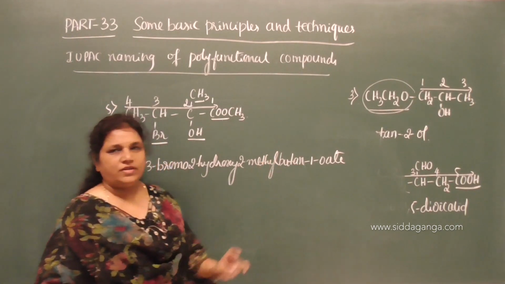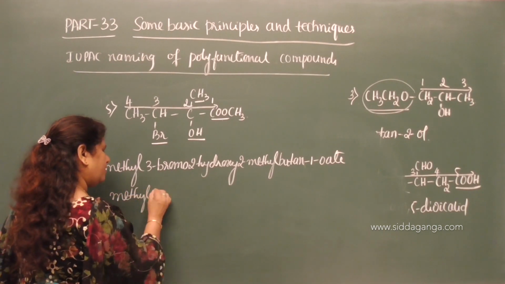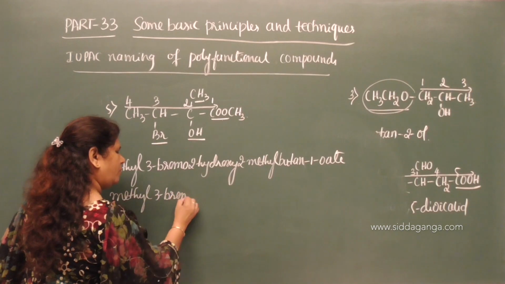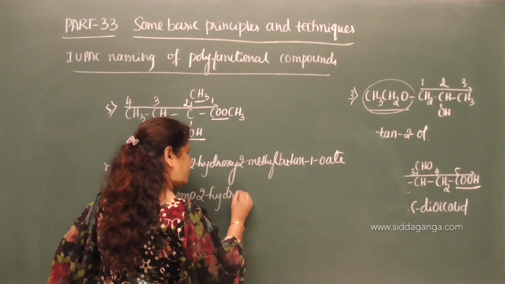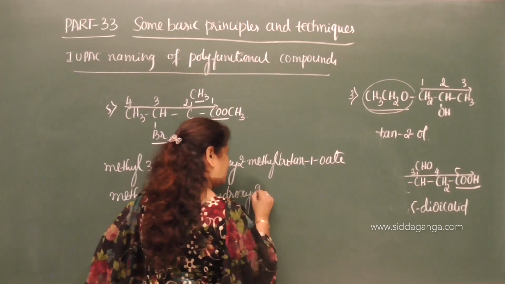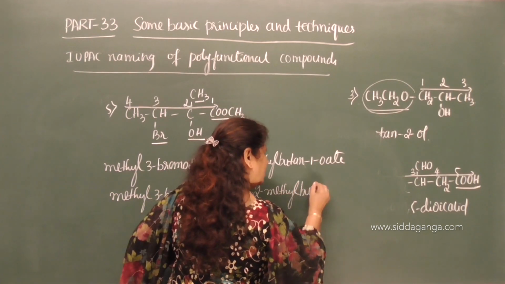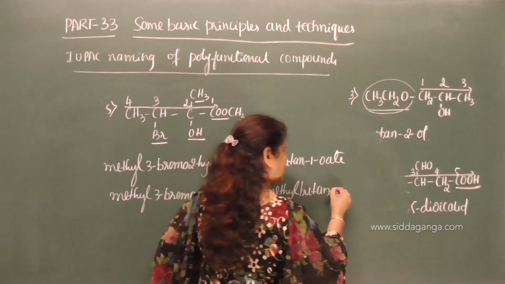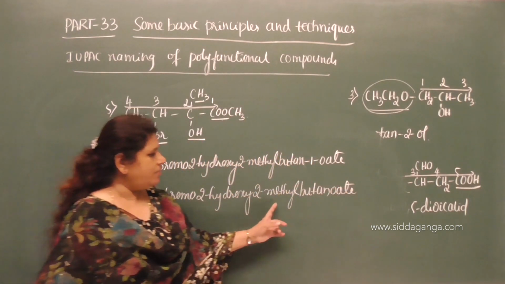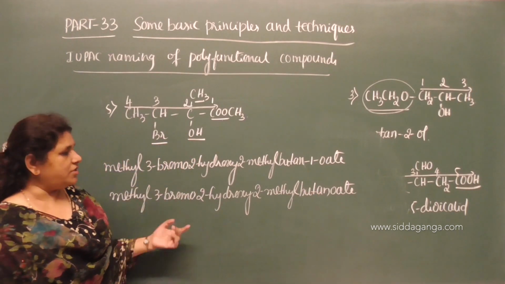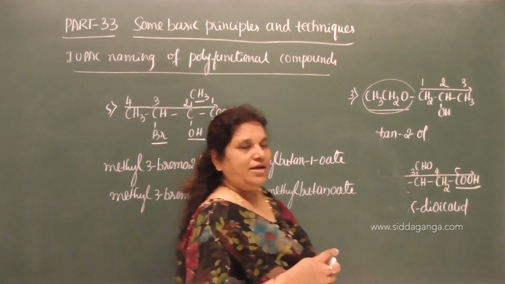So you can ignore this one and you can rewrite it as methyl 3-bromo-2-hydroxy-2-methylbutanoate. So you can name it as methyl butanoate. So this is the IUPAC name of this compound, which is a substituted ester.